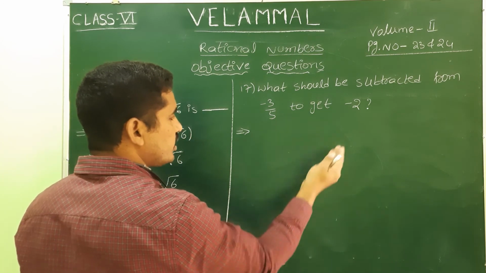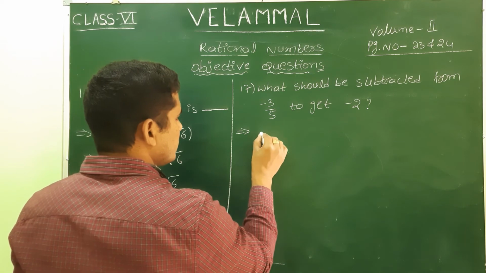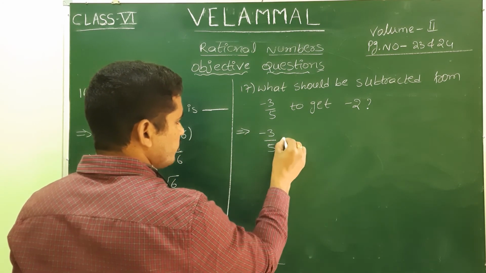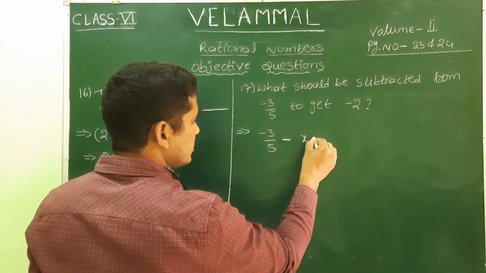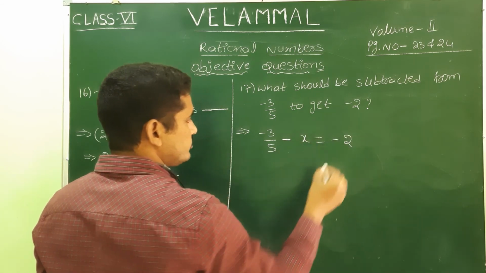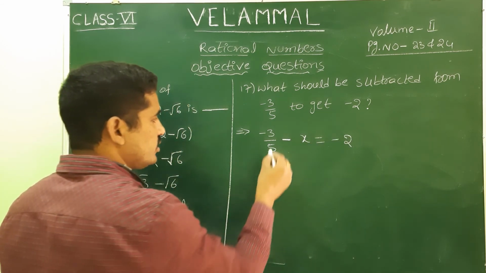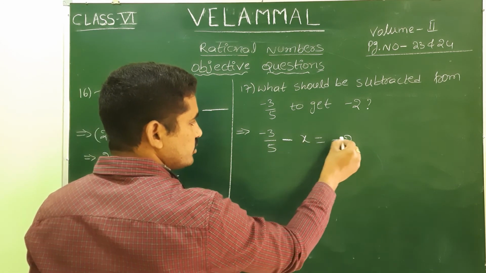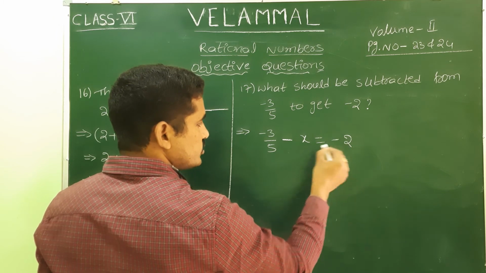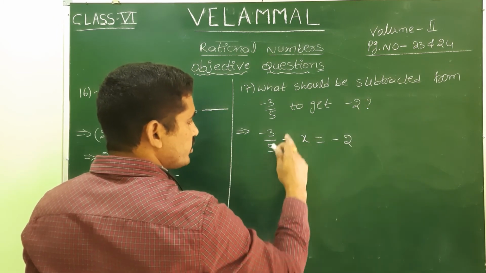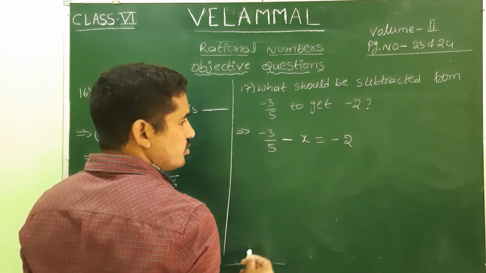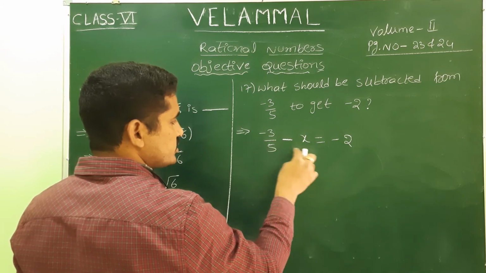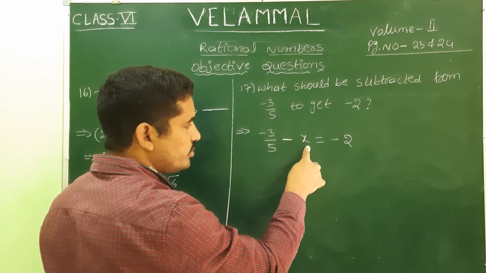If we convert this into mathematical form, from minus 3 by 5, we need to subtract x, then we will get minus 2. So this is the given statement converted into our known terminology. x is the something we need to subtract from this.